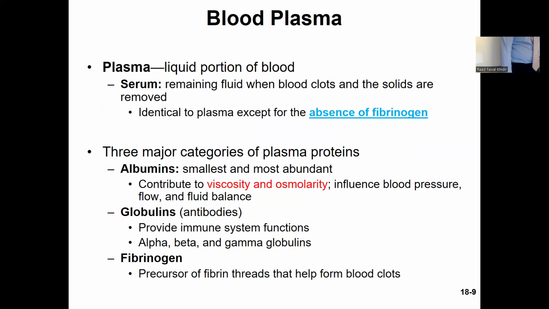Now, serum is very interesting because you know this blood is always rich in platelets in case that we are worried we will lose blood. We have platelets to prevent blood loss. Also, the blood has these coagulant substances.